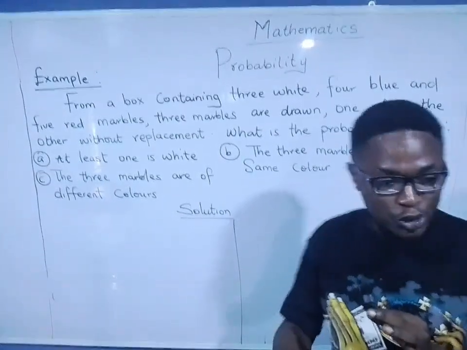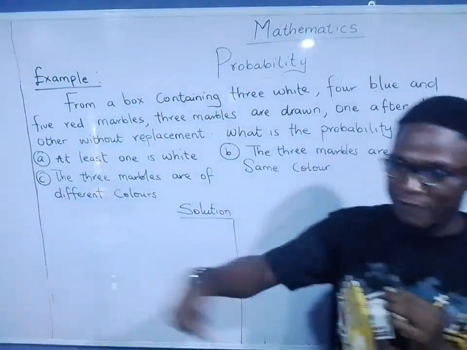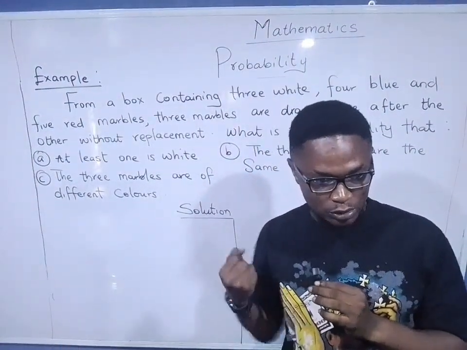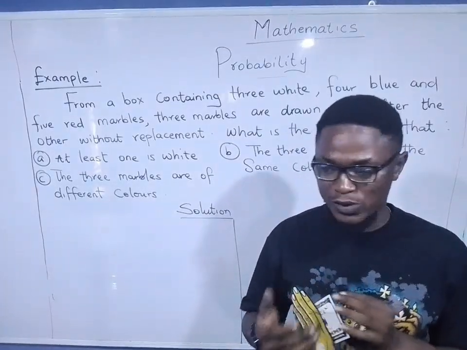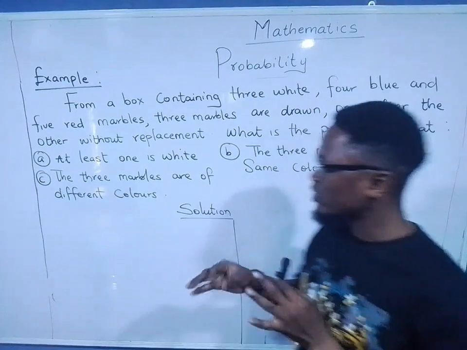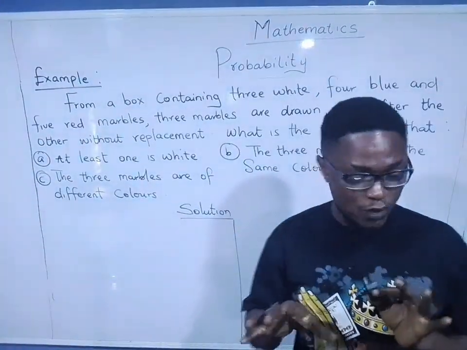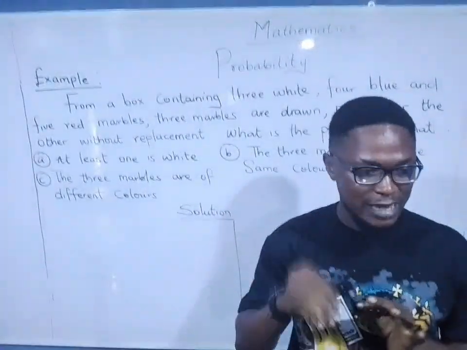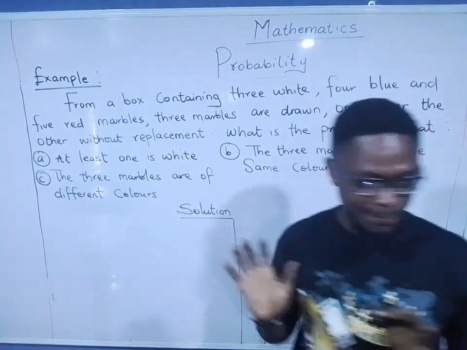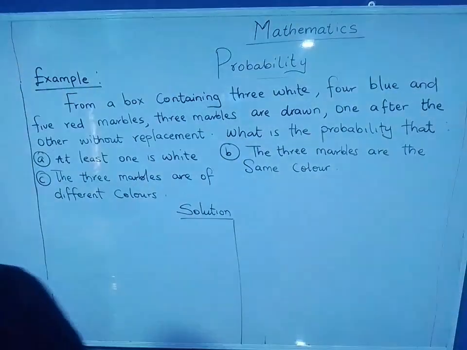Because if you are not going to replace it, it is going to affect the probability of the next one. If you pick 1, it's no longer going to be 12, it's going to be 11. If you pick another one, it will now be 10. But where this kind of question gets tricky is knowing the sample points of what you are looking for, and then calculating accordingly.